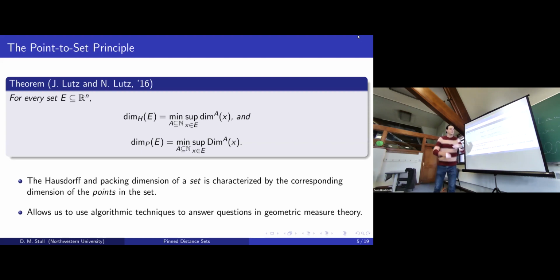The effective dimension is how hard it is to specify your point to precision 2 to the negative r, and you look at the limit inferior of that.